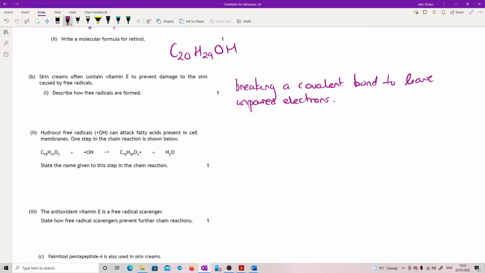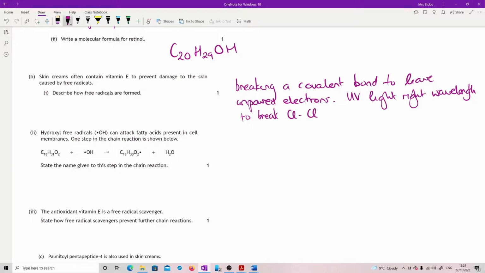And I would give the example here that the UV light is the right wavelength to break chlorine to chlorine.